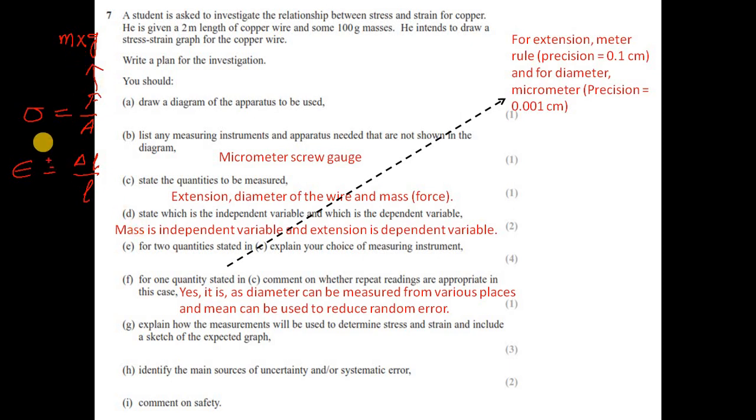So stress is found by weight divided by the area, and epsilon is strain. The area can be measured as pi r squared. This is the area of cross section, or you can say pi d squared by 4.